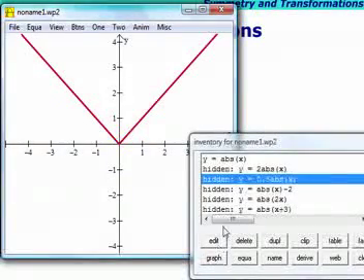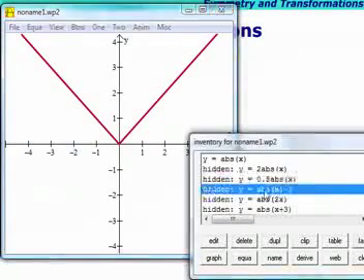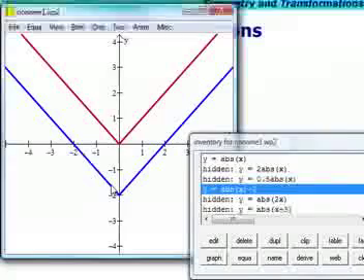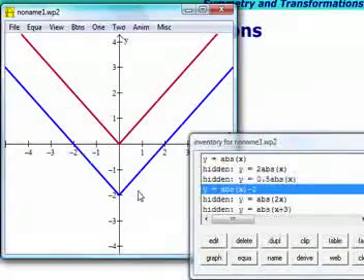Let's hide that. Let's look at another one. Here we've got the absolute value function, and at the end I have subtract 2. Let's see what that does to my graph. Oh, it looks like it just took the whole graph and moved it down by 2.